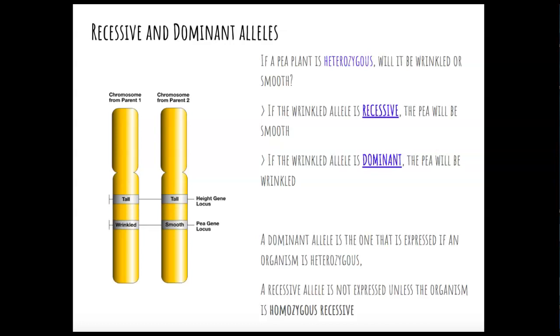If the wrinkled allele is recessive, the pea will be smooth. If the wrinkled allele is dominant, the pea will be wrinkled. A dominant allele is the one that is expressed if an organism is heterozygous or homozygous dominant. A recessive allele is not expressed unless the organism is homozygous recessive, meaning that it has two recessive alleles.